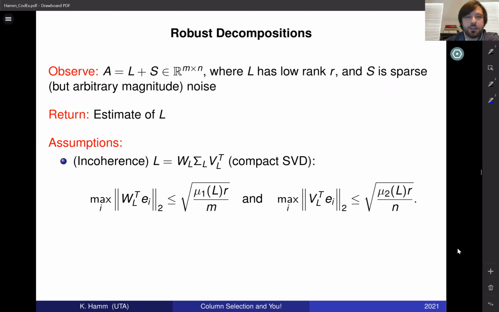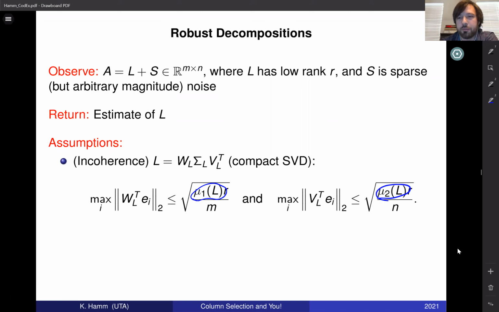Okay, so I'm going to make 2 assumptions, as are common in Robust PCA. One is that the low rank part has good incoherence. If I look at the compact SVD, I'm looking at row norms of the left and right singular vectors, and I can compute these quantities mu1 and mu2, which are the column and row incoherences respectively, and I want them to be small compared to m over r.